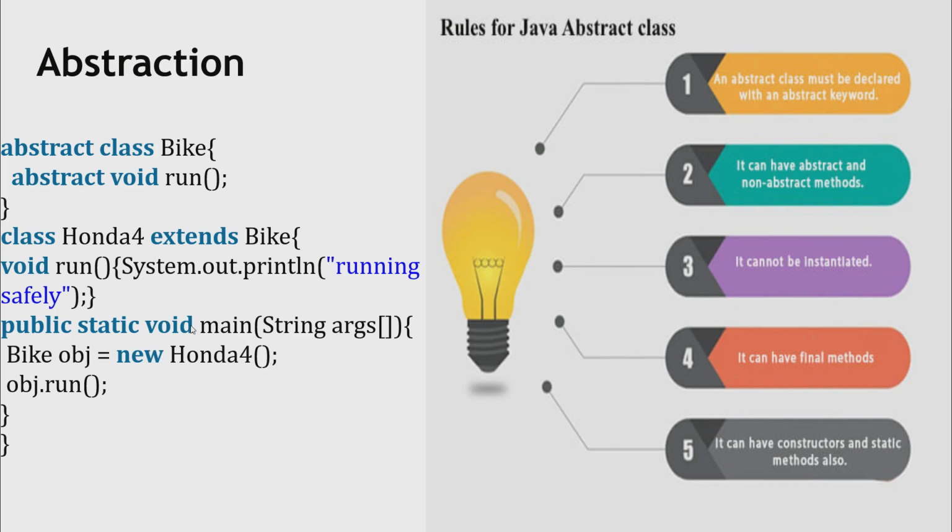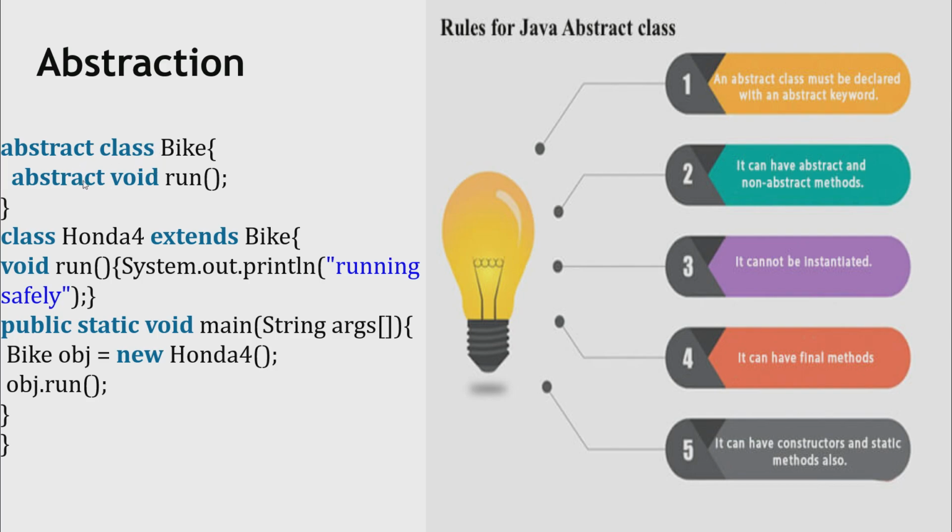So an abstract class contains abstract methods. There are some rules for creating an abstract class. An abstract class must be declared with the abstract keyword. See here in the example I have created one class which is declared with the abstract keyword. Hence it is called an abstract class.